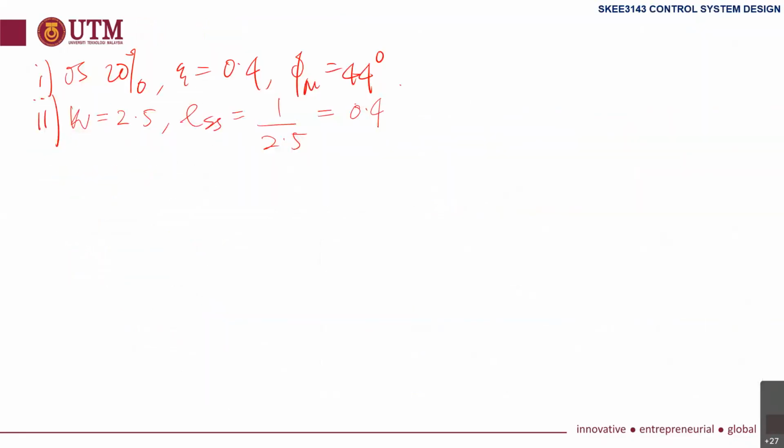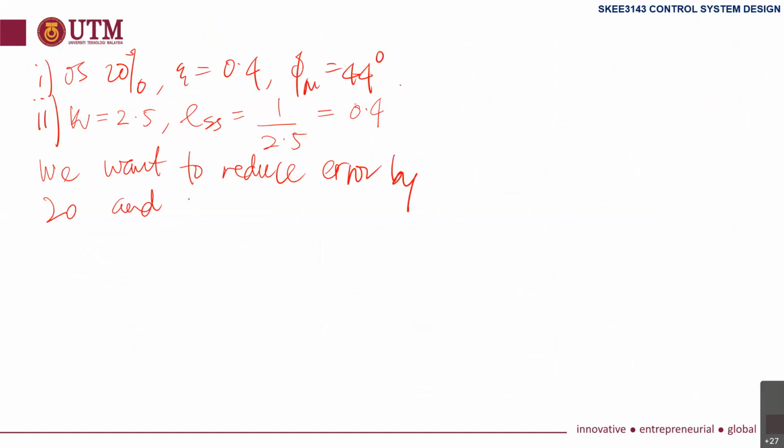We want to reduce the error by 20 and maintain the overshoot at 25%.